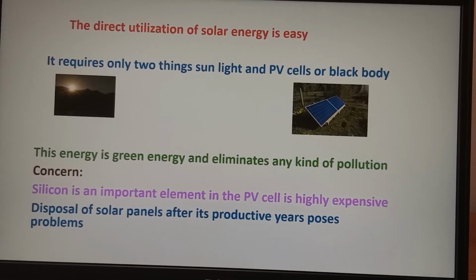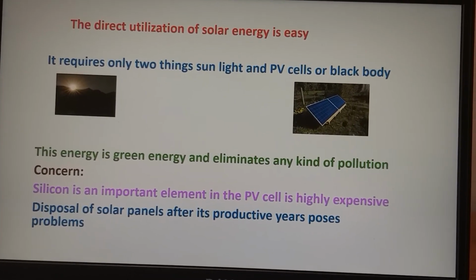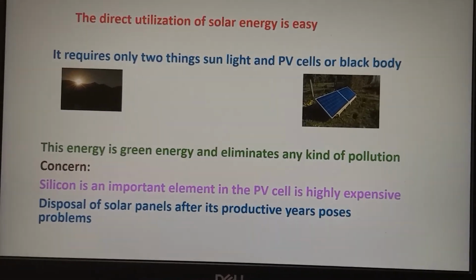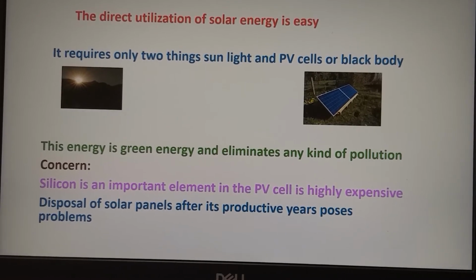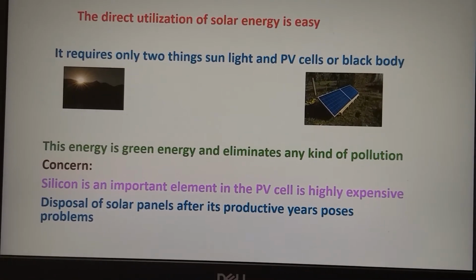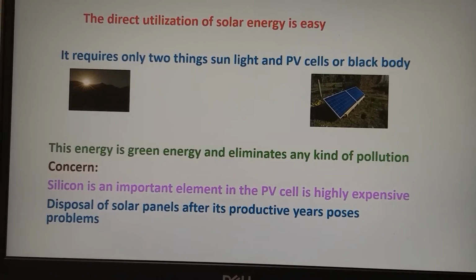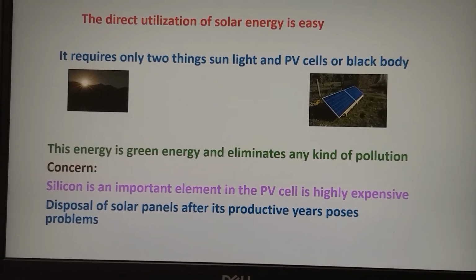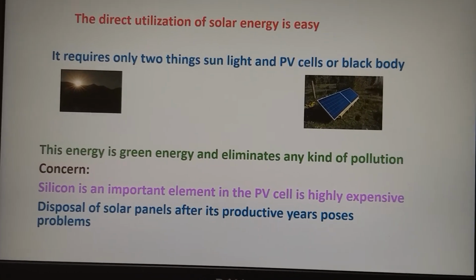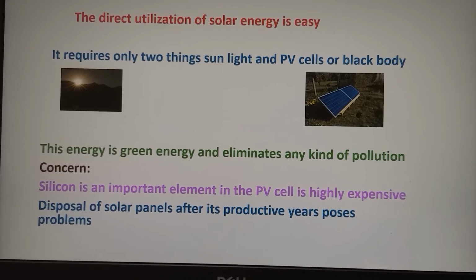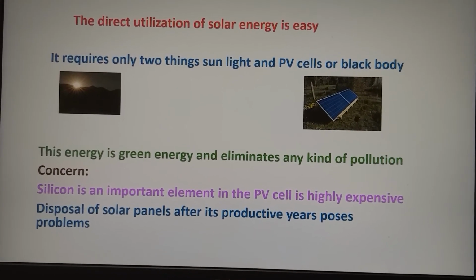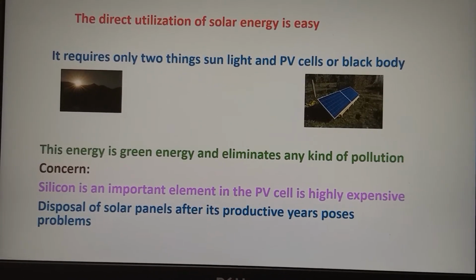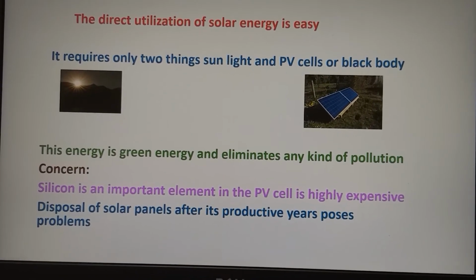The direct utilization of solar energy is a single step process. Already I have told this. So it requires only two things. One is the sunlight and the other is the photovoltaic cells or the black body. This energy conversion is green as it does not eliminate any toxic substances or toxicity in the environment.